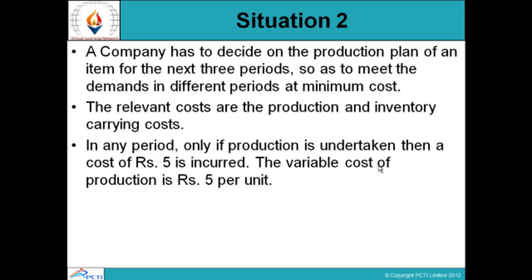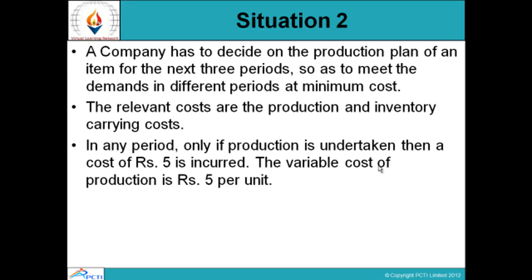Situation 2. A company has to decide on the production plan of an item for the next 3 periods so as to meet the demands in different periods at minimum cost. The relevant costs are the production and inventory carrying cost. In any period, only if production is undertaken, a cost of rupees 5 is incurred.